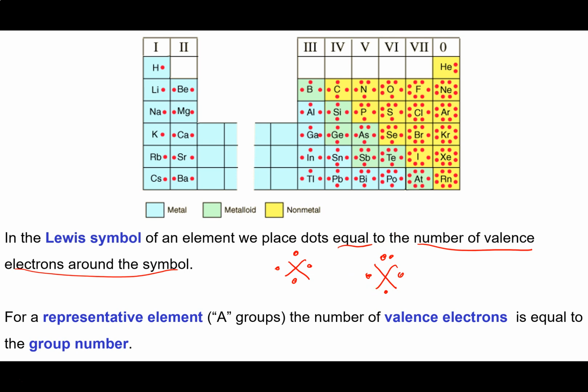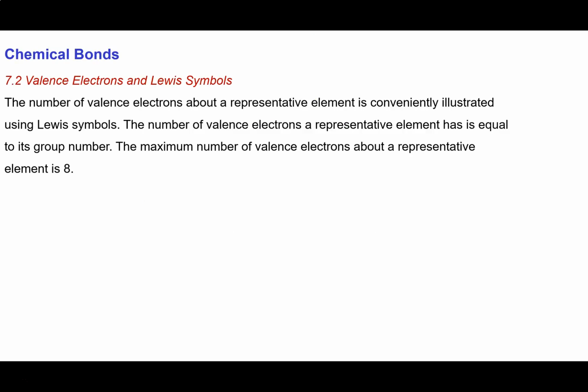So that's it really, and then all you have to remember is that for a representative element, that's one that's in the A groups, the number of valence electrons is just equal to the group number. So everything in group 1A gets 1 dot, everything in group 2A, 2 dots, everything in group 3A, 3 dots, and so on. So the number of valence electrons about a representative element is conveniently illustrated using its Lewis symbol.